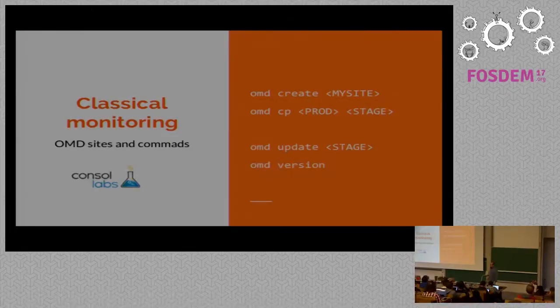when you want to test larger changes in your monitoring, or if you want to do version upgrades of OMD. You can deploy several versions of OMD in parallel on your server and can selectively upgrade every site to a specific version.